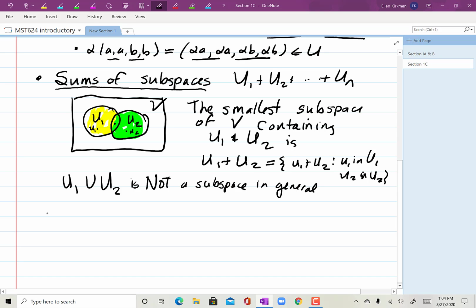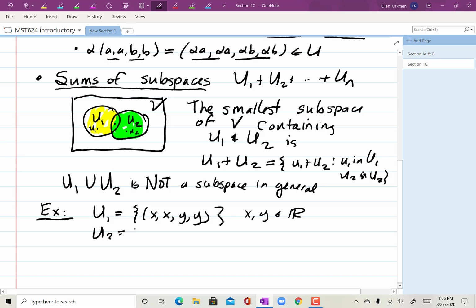And so this example that's in the text is if we have our U1 like I had a minute ago, just the things (x, x, y, y). And again, this is where my x and y are, say, in the reals. It could be in any field.